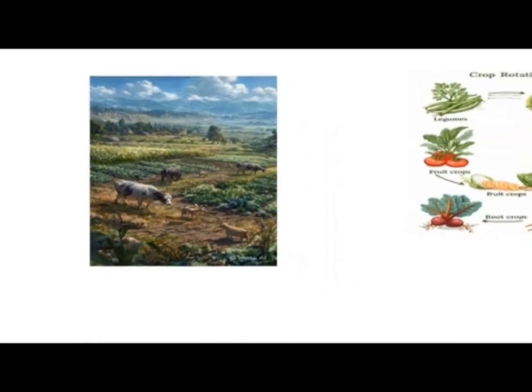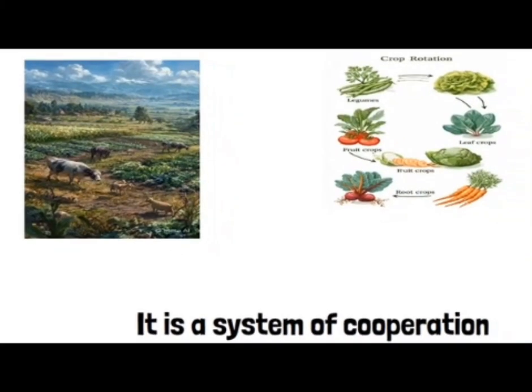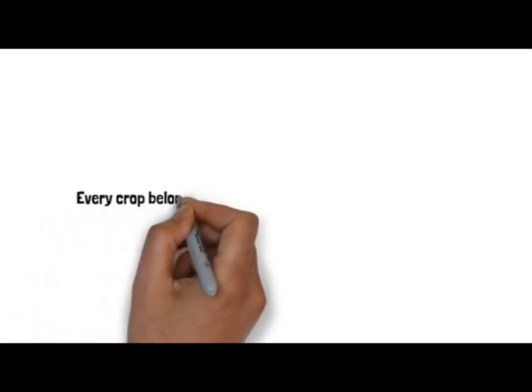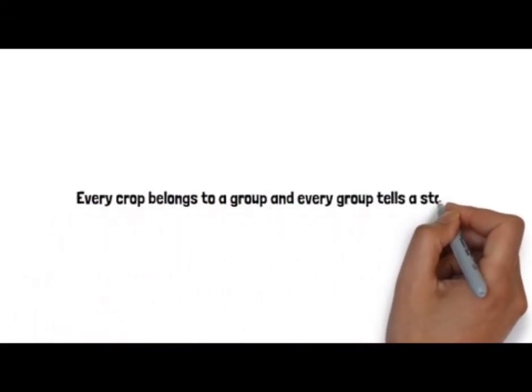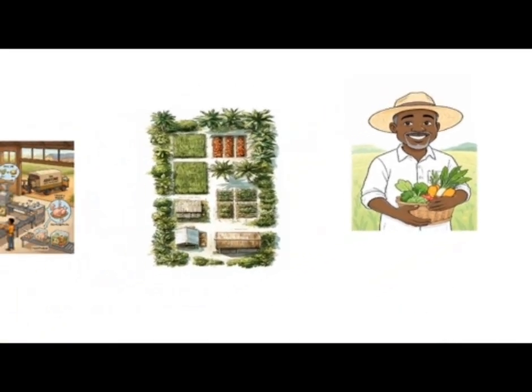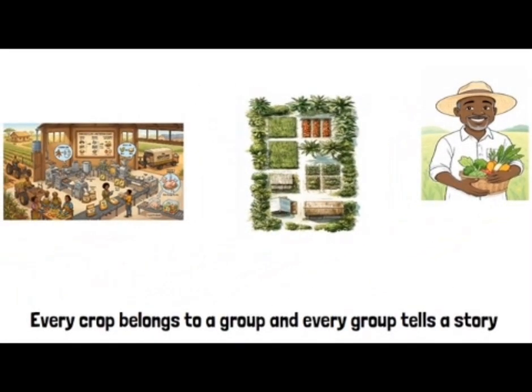We will explore these relationships in later sessions, but for now, I want you to remember this. Every crop belongs to a group, and every group tells a story about how that crop fits into human life.